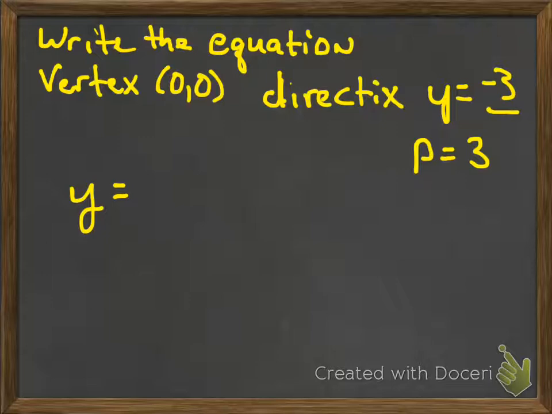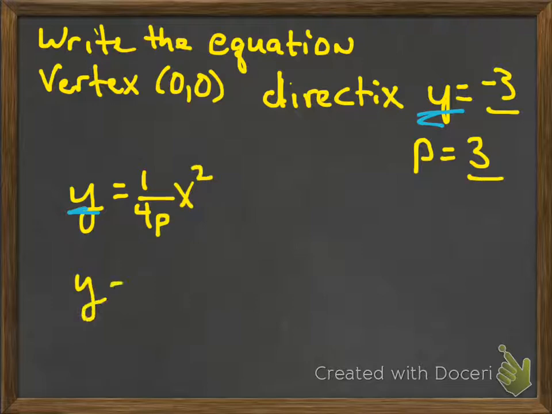Then I'm using the formula, since it says y equals whatever the directrix is, that's what's going to be there for your equation. If it's x equals, then it would be the other form. So y equals 1 over 4 times 3, which is 12, so it should be 1 over 12 x squared. Again, something fairly simple that doesn't take that many steps.